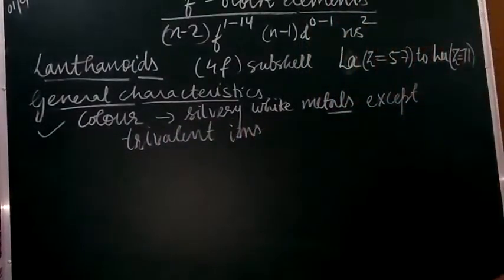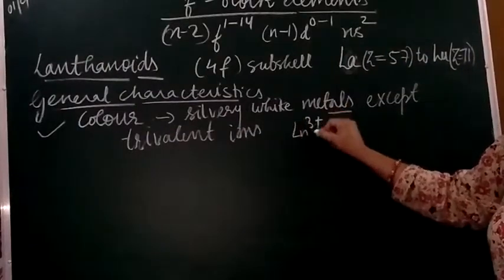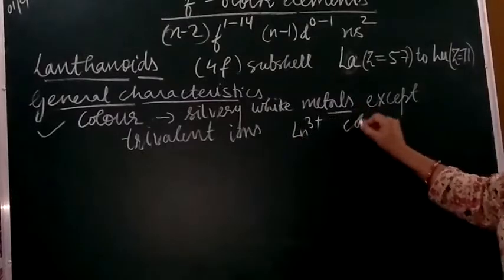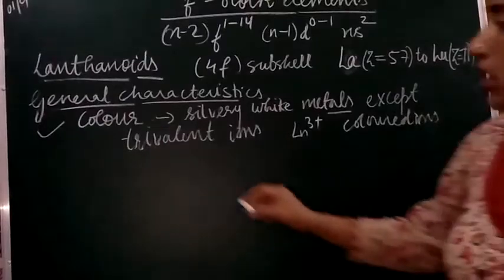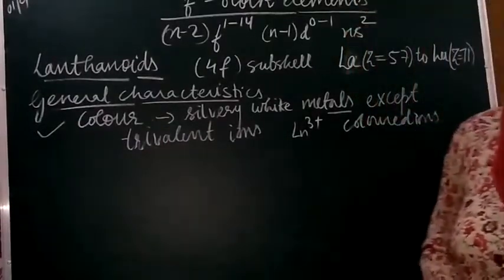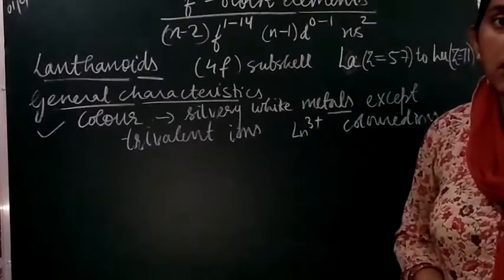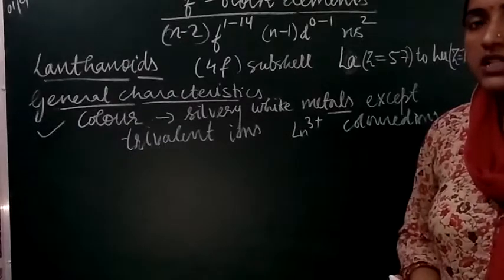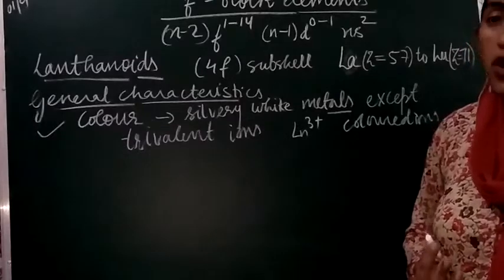So the trivalent ions, where we have the lanthanoids in the Ln3+ state, these ions are colored ions, right? And why are they colored? Because they absorb suitable frequency radiation from the visible light, and the electron will jump from the ground state of the f subshell to the excited state, that is, f-f transition is observed.